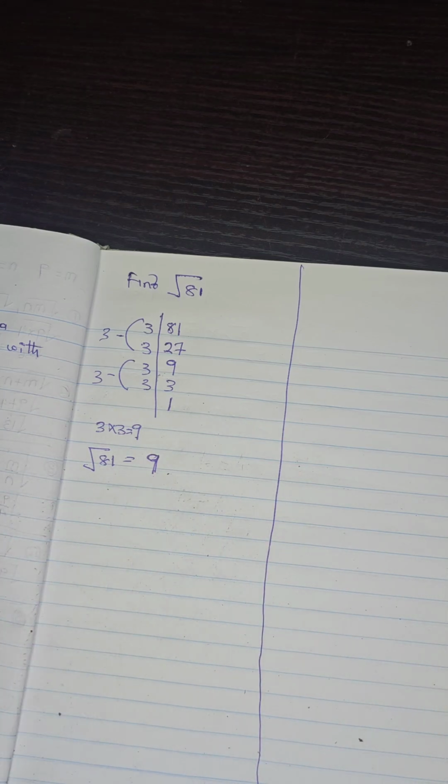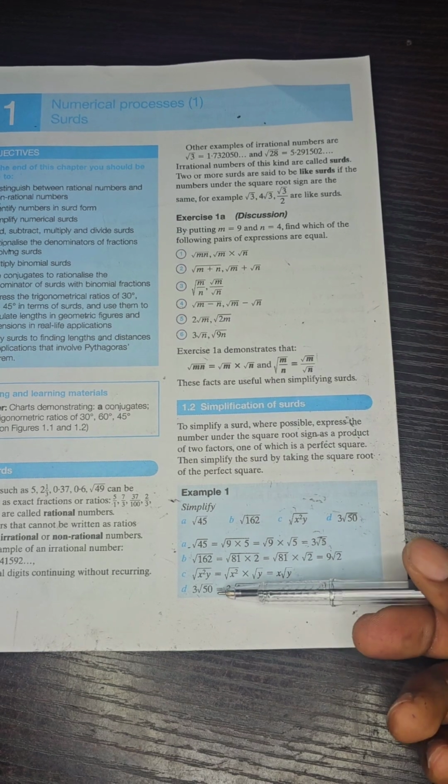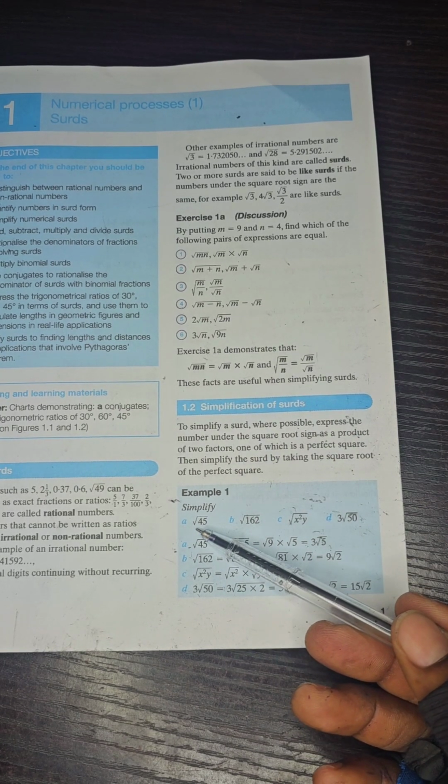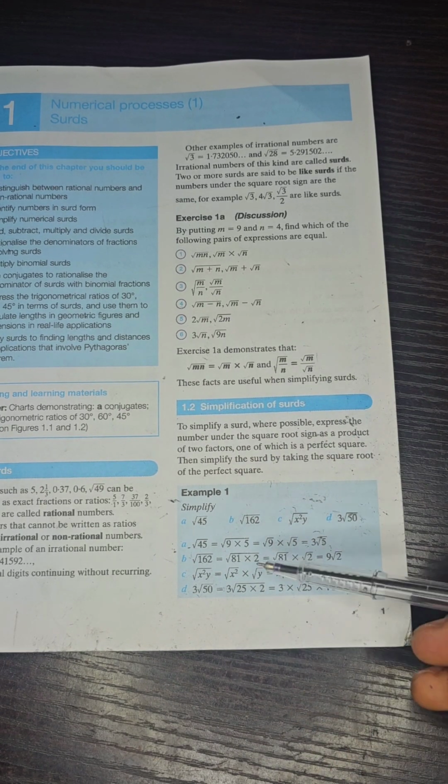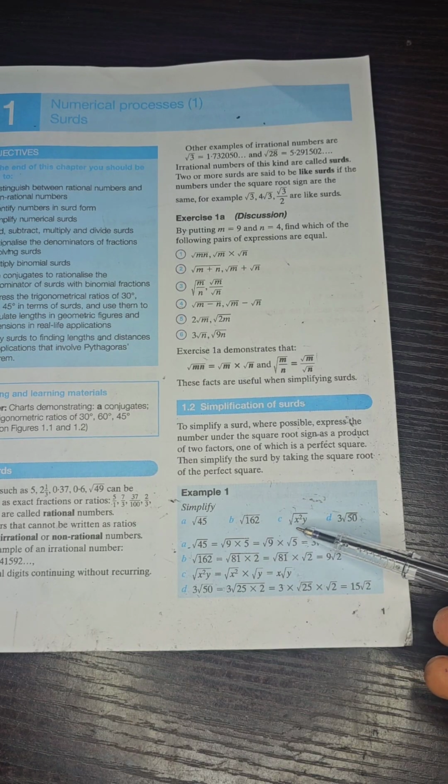So now let's go through the textbook and see the examples that they give. Now this is the textbook, and these are the examples. We have square root of 45, or you can use the word root 45, root 162. They are using what we call this variable here.